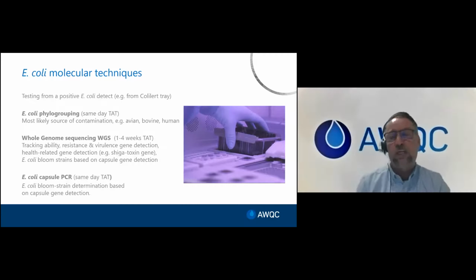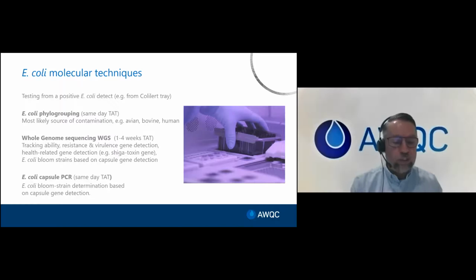So this information, of course, is particularly important when the identification of specific E. coli strains will determine the risk profile and water treatment options used by a water utility. And phylogrouping enables us to determine if the source of the contamination is of animal or environmental origin, which will then inform the risk assessment process and the water quality management actions that need to be implemented.